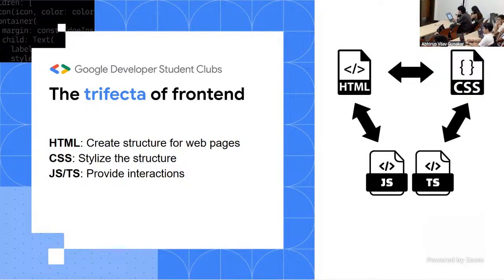You can paint, you can design your content. It's basically the skin operation. Finally, JavaScript or TypeScript are the brain and the muscle, providing actions and interaction throughout your whole website to liven it up. This is the trifecta of front end.